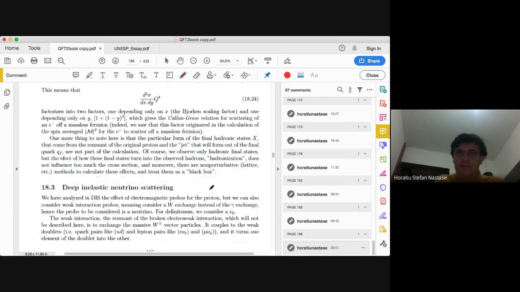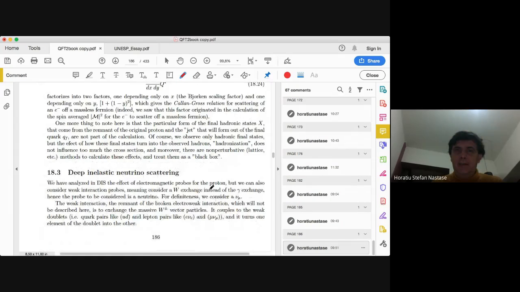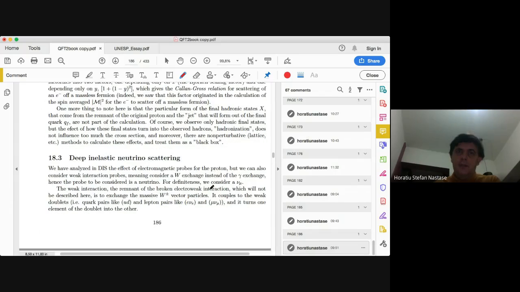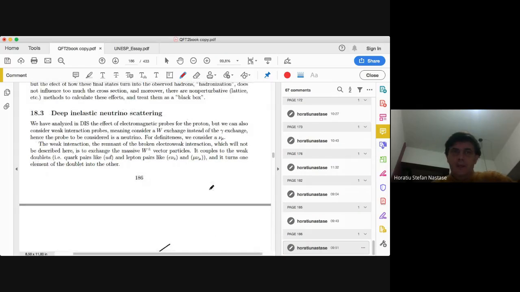All right, so that was about the basic deep inelastic scattering, which is the one of electrons on a proton or, more generically, some other hadron. And that was something about QCD probed via the electromagnetic interaction, via a photon.